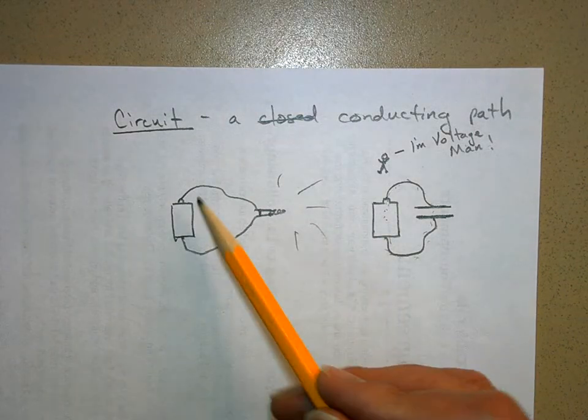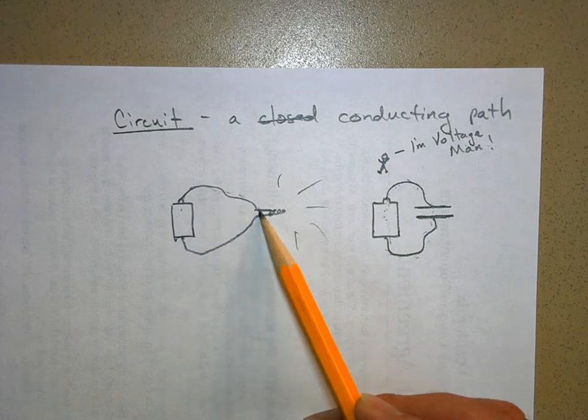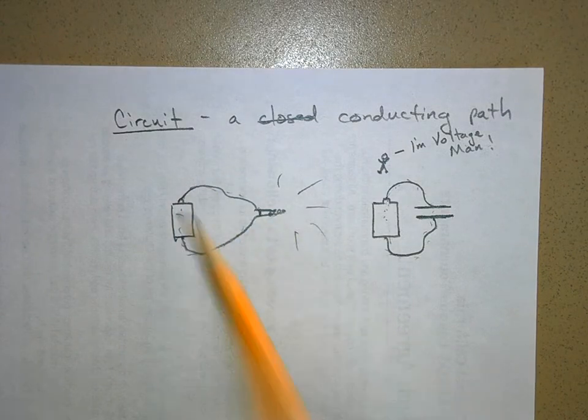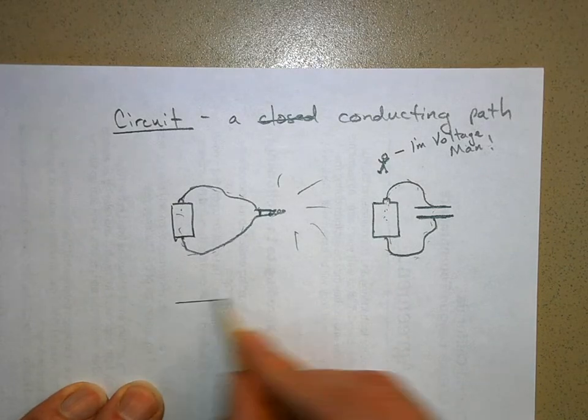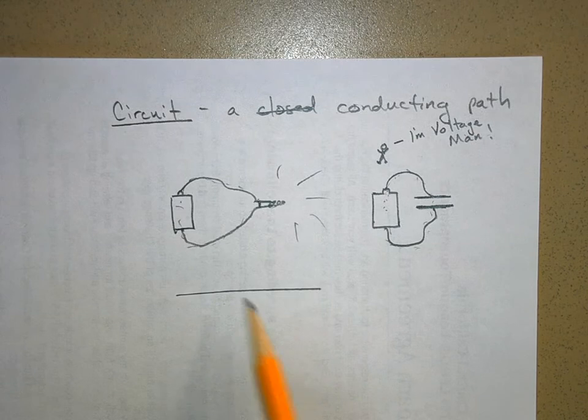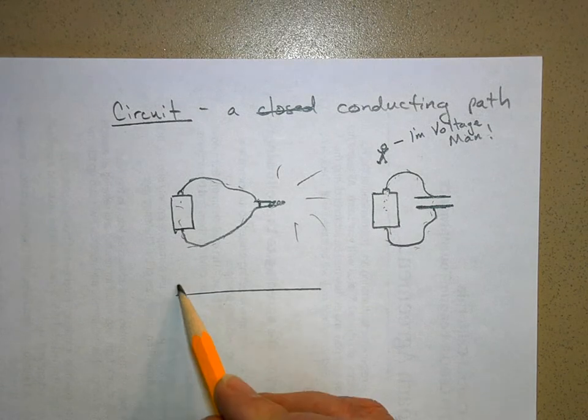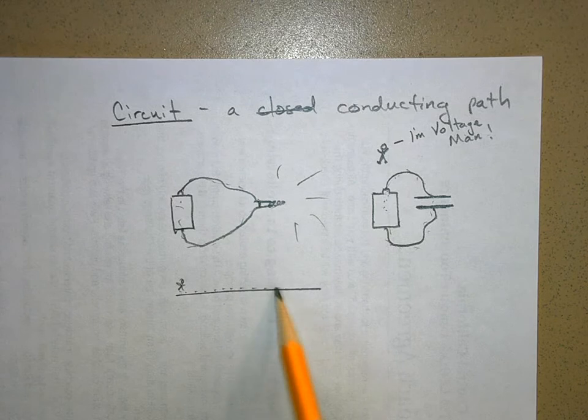See, this is a circuit because you can start here and walk around and get back to where you started. Here's something that is not a circuit. That's not a circuit because if voltage man starts here and walks, he can't get back to where he started. Okay, so it's not a circuit.